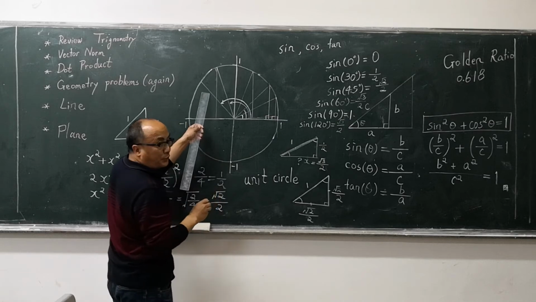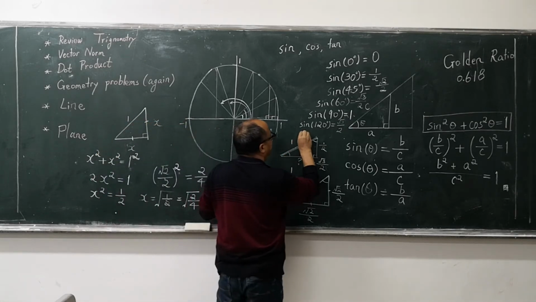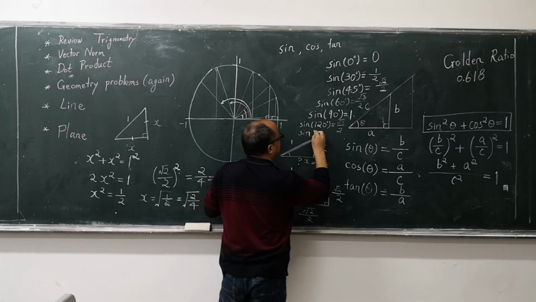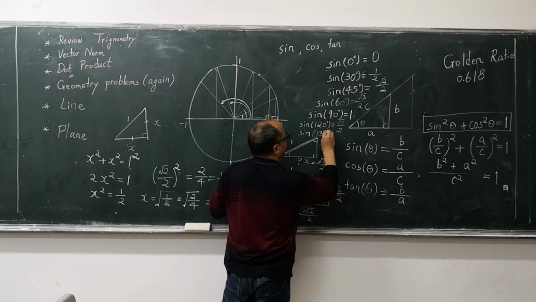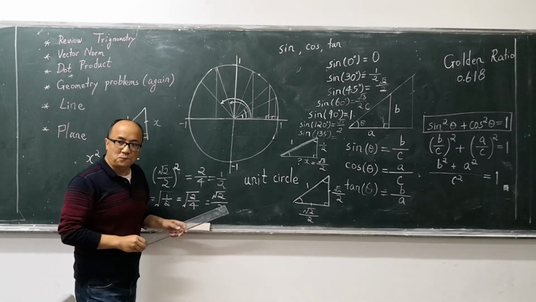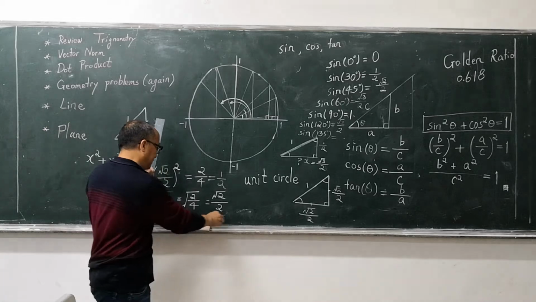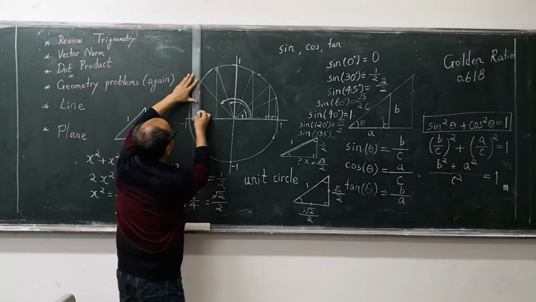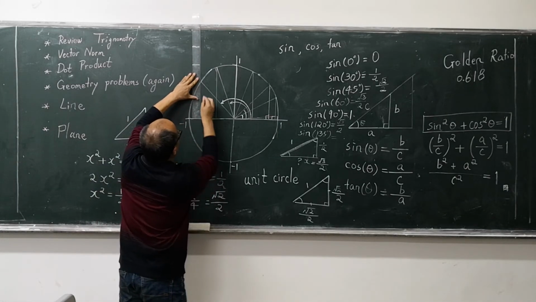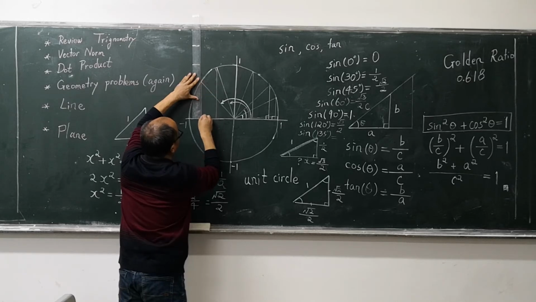For the 45 degree, what's the sine 135 degree? Sine 135 degree. What's the value? You need to draw this unit circle on your notebook.